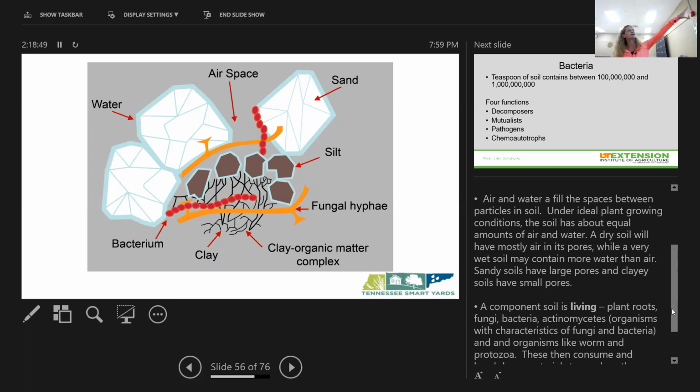But as you can see in the picture here, we have our airspace, we have our water, we have a little bit of sand, we have some silt. The fungal hyphae, sometimes we call that mycorrhizae. You'll find mycorrhizae in natural wooded areas. The mycorrhizae will be a part of the roots. When you see trees growing in a forest, their roots will be all meshed together, and they have a fungi, mycorrhizae, that helps them grow.